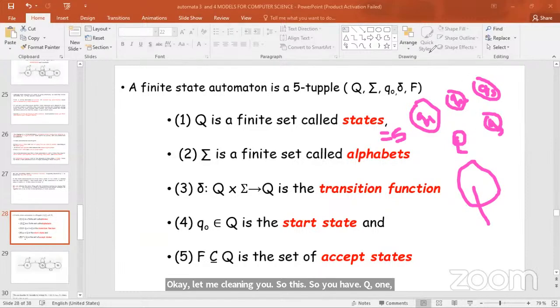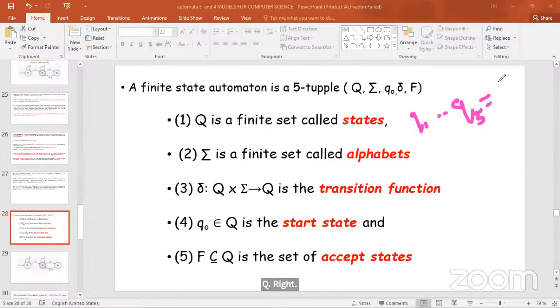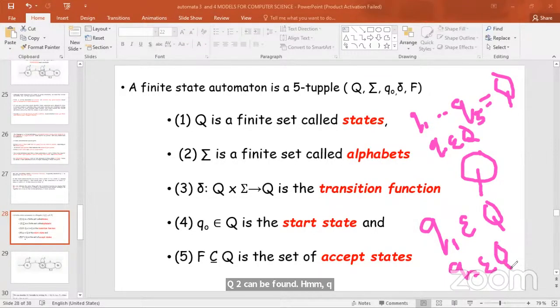So Q1 to Q5 can be found in Q. That means that Q1 is an element of the set of states. Q1 can be found in Q. Also, Q2 can be found in Q, because Q is equal to Q1, Q2, Q3, Q4, Q5. They are the set of states that are found in Q. Do you get that analogy?